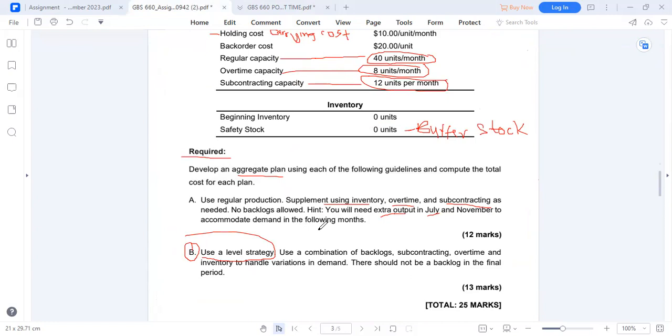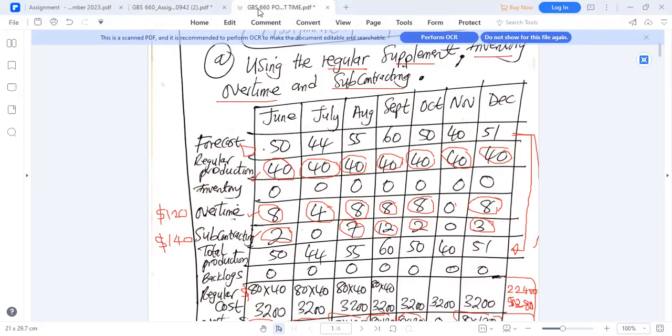You will need. Okay. So of course it is showing us the aspect of what we are doing. Like if we can check July, we are done because for July we have produced 40 units, of course, and then an extra output. We're very sure that we're mentioning about you going for overtime.